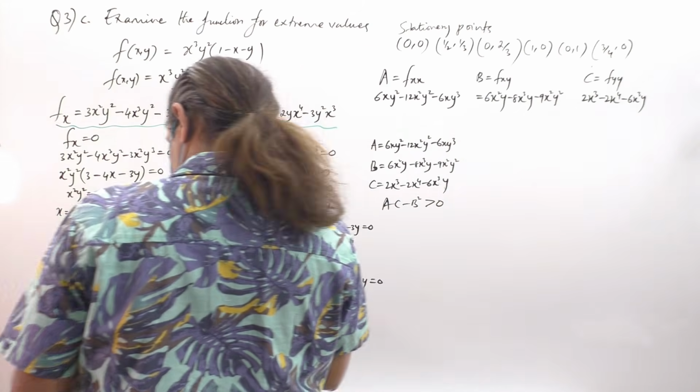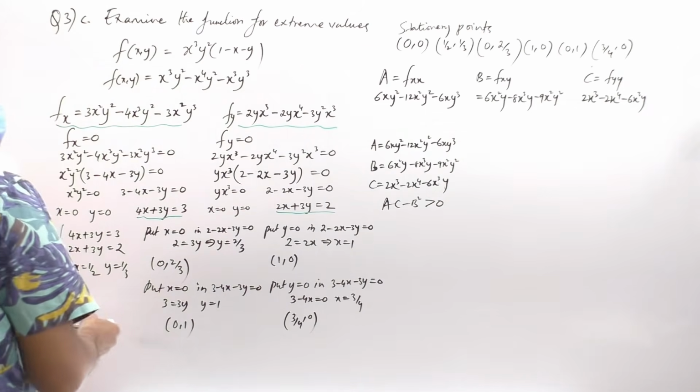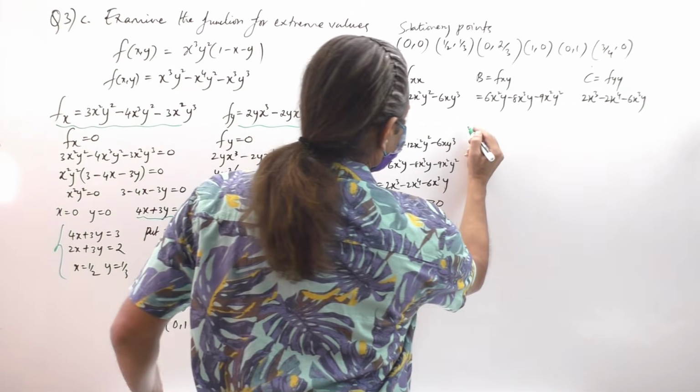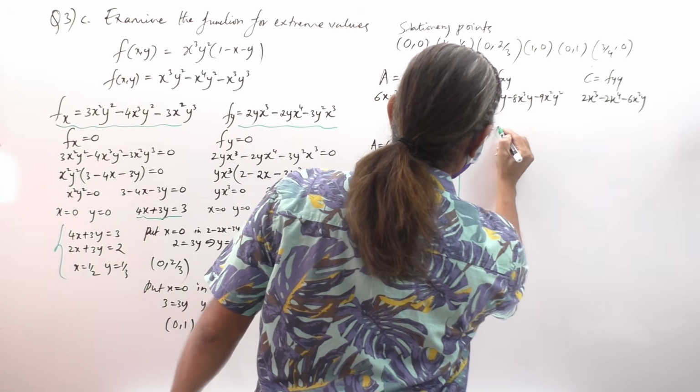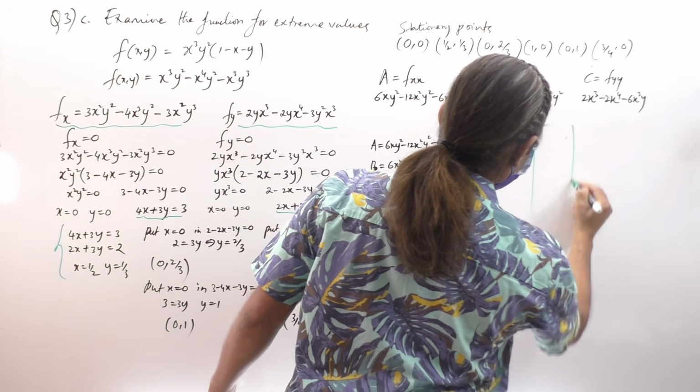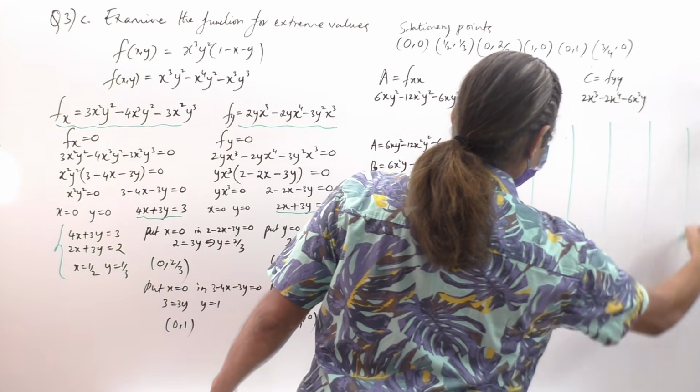Okay, so let's write down all the stationary points here along with this. So we have the points 1 2 3 4 5 6.